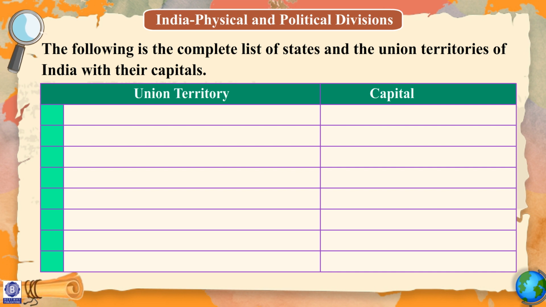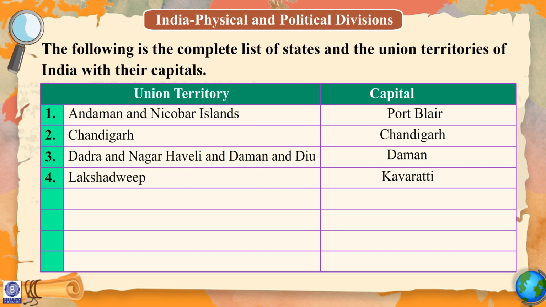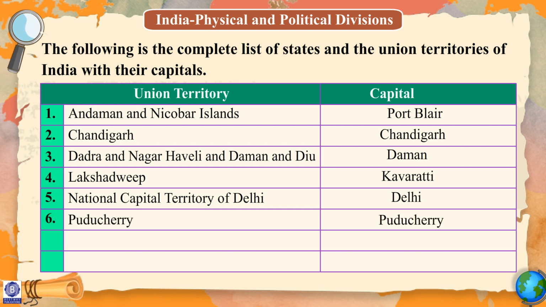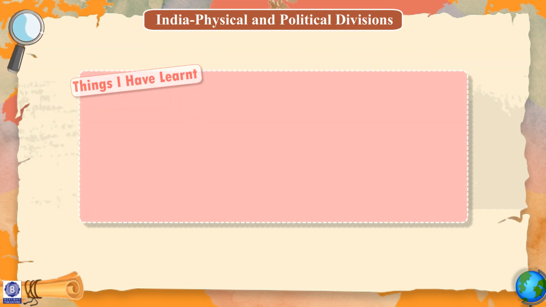Union Territory, capital: Andaman and Nicobar Islands, Port Blair; Chandigarh, Chandigarh; Dadra and Nagar Haveli and Daman and Diu, Daman; Lakshadweep, Kavaratti; National Capital Territory of Delhi, Delhi; Puducherry, Puducherry; Ladakh, Leh in summer, Kargil in winter; Jammu and Kashmir, Srinagar in summer, Jammu in winter.